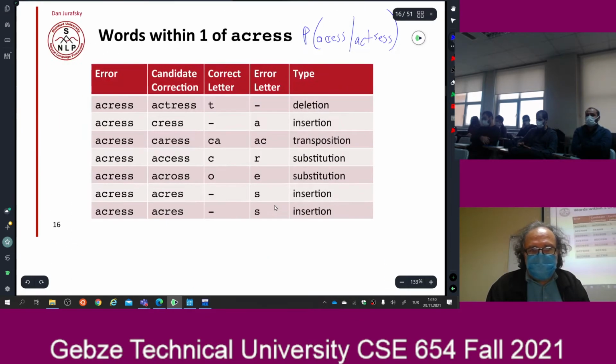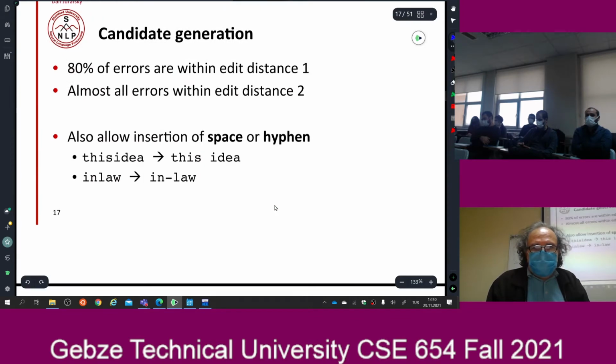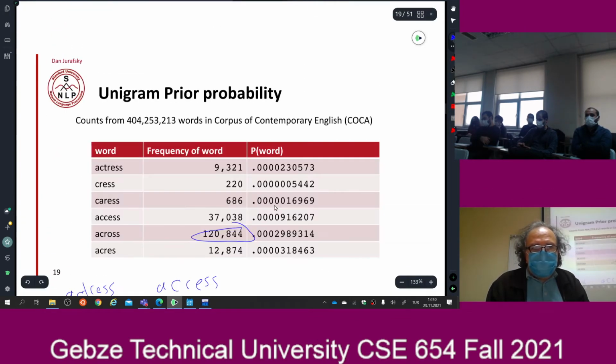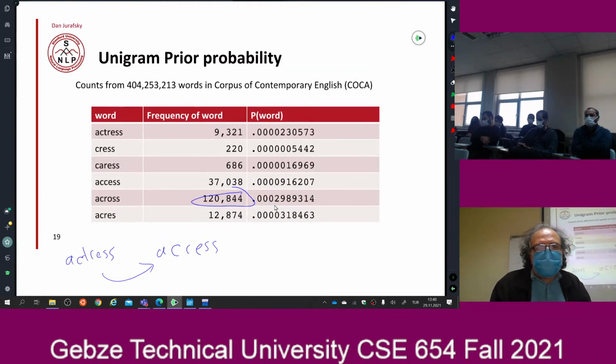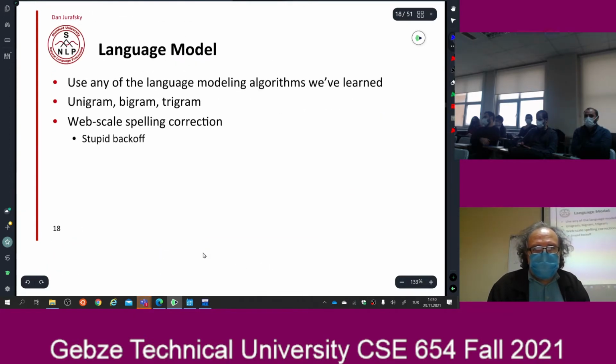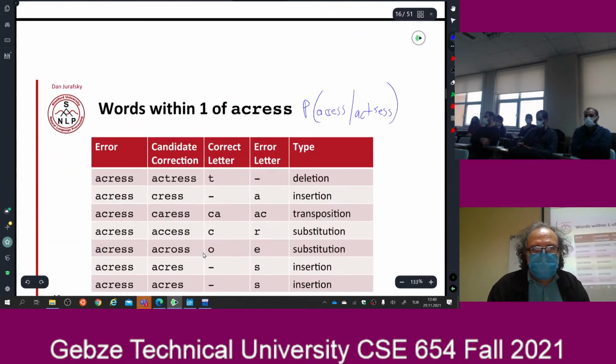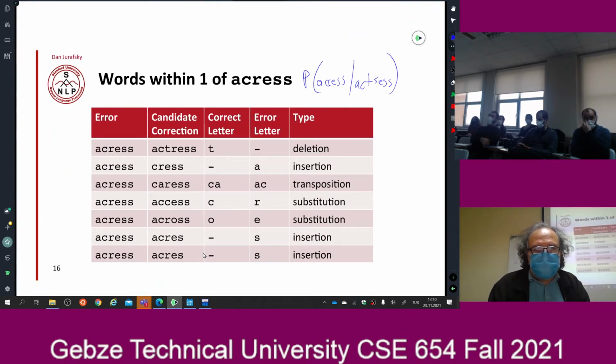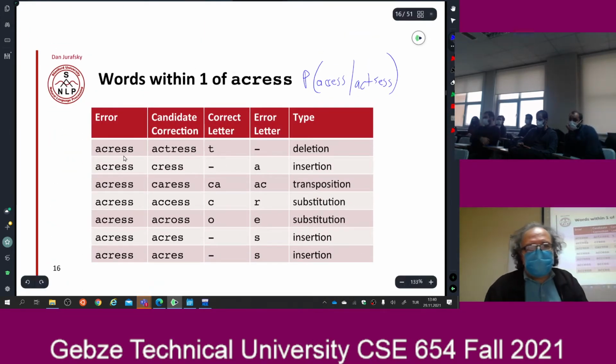So let me skip all this part because we talked about this. At the end we came to a nice example. If somebody typed this word, across, I think this across is not in the dictionary.